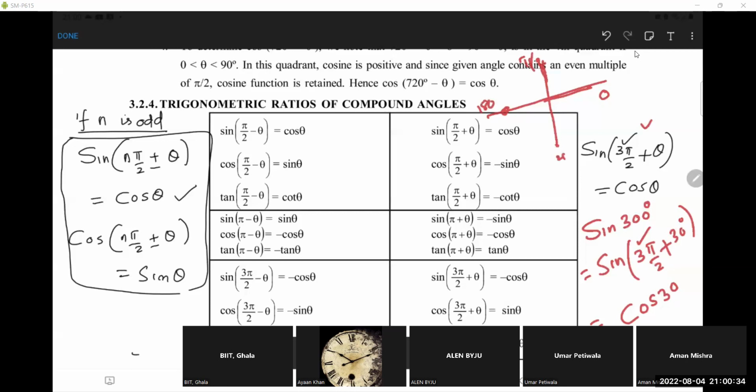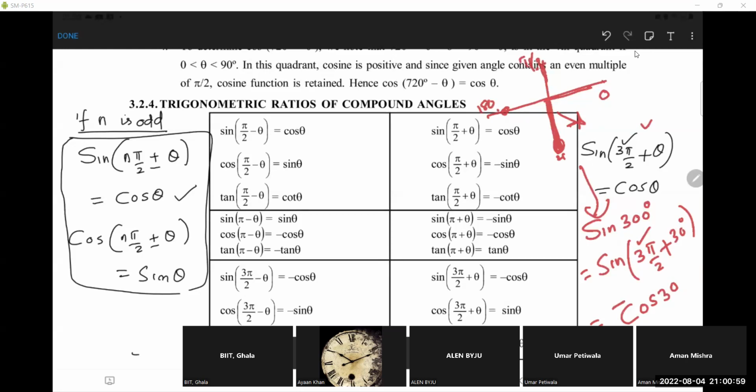So 3 pi by 2 means 0, pi by 2, 2 pi by 2, 3 pi by 2 will be here. Plus theta means you are in the fourth quadrant. Fourth quadrant sign is negative. Therefore, I write this as minus cos 30.